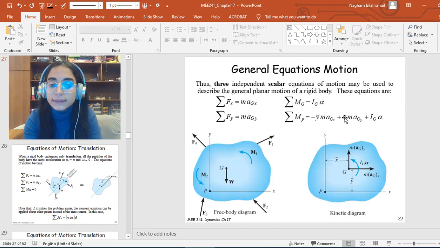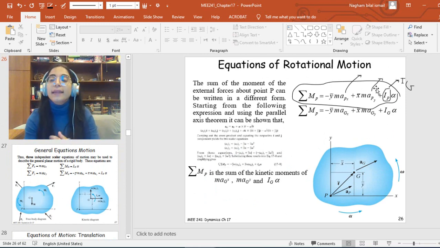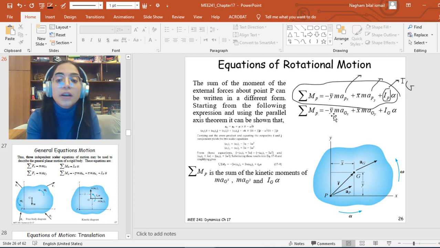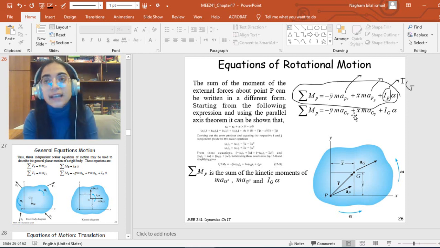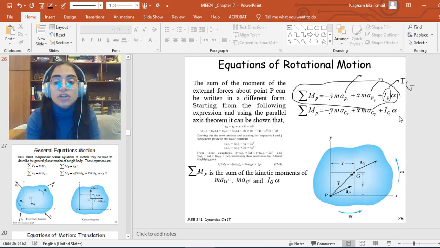So if I go back to this equation, and substitute a_px and a_py by their equations in terms of a_Gx and a_Gy, and I_P with its equation in terms of I_G using the parallel axis theorem, then I'm going to have that the sum of M_P is equal to minus y bar m a_Gx plus x bar m a_Gy plus I_G alpha.